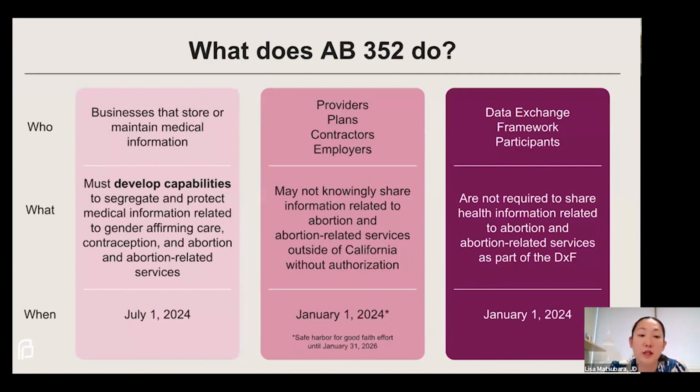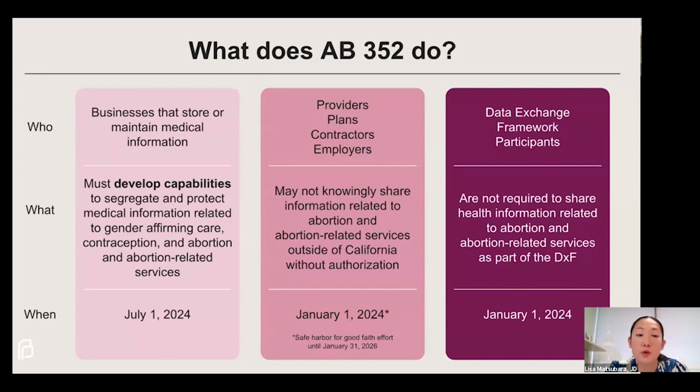So the providers in California, starting January 1st, 2024, cannot knowingly share information about abortion-related services outside of California without the patient's authorization. This was an effort to, A, prevent the flow of information out of the state, but also to have a very distinct exception to the information blocking rule that providers could rely on if they chose not to share this information out of state or for their patients.